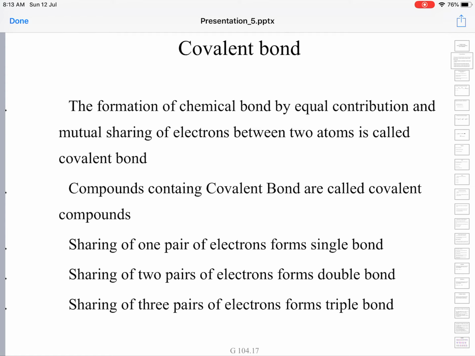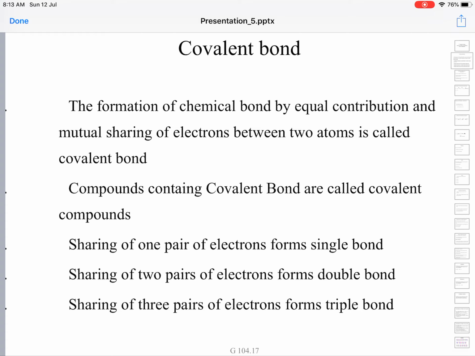Okay. So, if each of the atoms contributes one electron, imagine there is a bond between A and B. A contributes one electron and B contributes one electron. They share one pair of electrons to form a bond. Likewise, if only one pair of electrons is shared between atoms, a single bond is formed between them. If two pairs of electrons are shared, that means each of the bonding atoms provides 2 electrons.